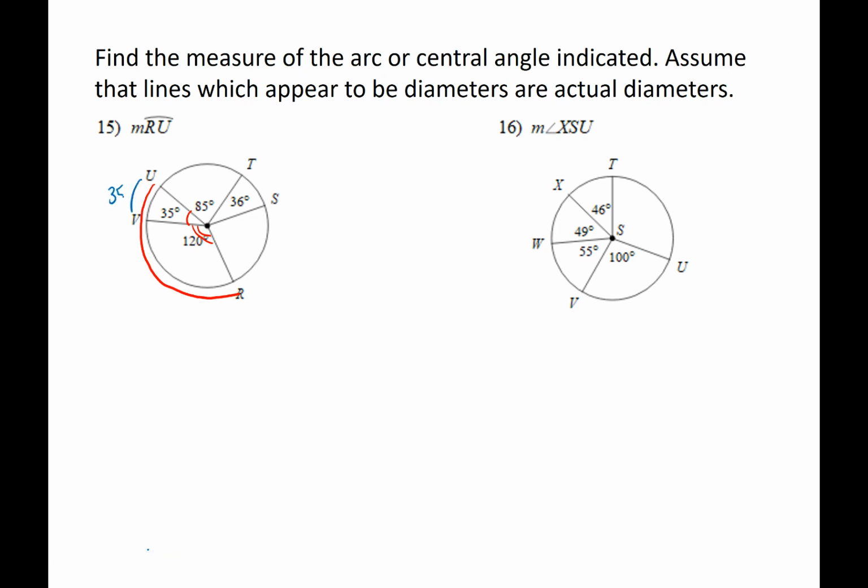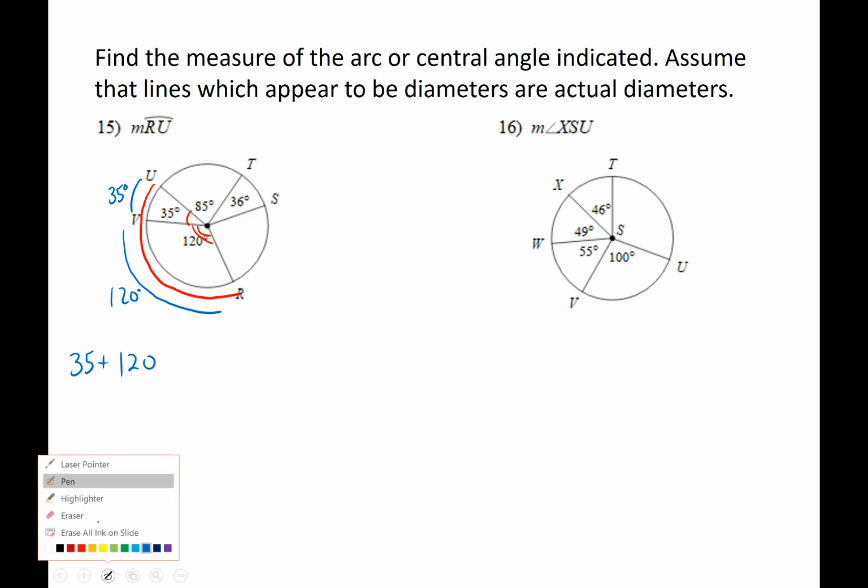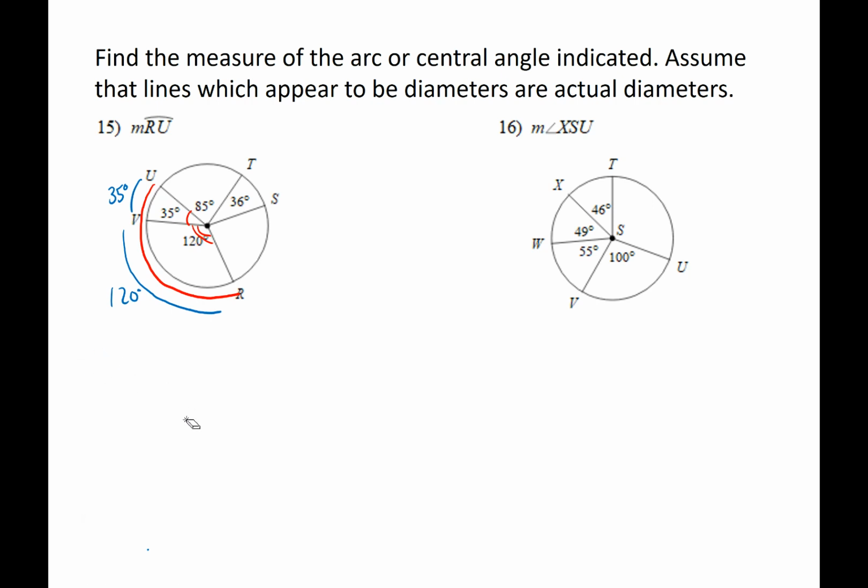So all I have to do to find the whole arc is add those together. So 35 plus 120 gives me 155.